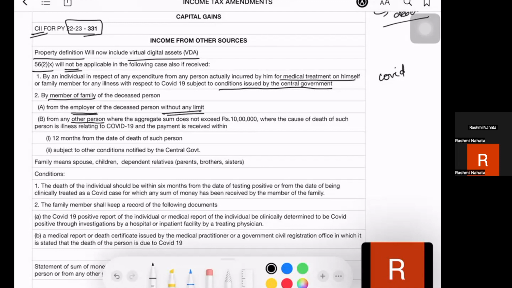Or if any other person is giving it and the amount does not exceed 10 lakhs, it shall not be treated as a taxable gift, but it should be relating to illness or death because of COVID only. And the payment, without any limit or up to 10 lakhs, should be received within 12 months from the date of death of such person. And of course, there are other conditions which shall be applicable also. Please remember, family here means spouse, children, dependent parents, brothers, and sisters.